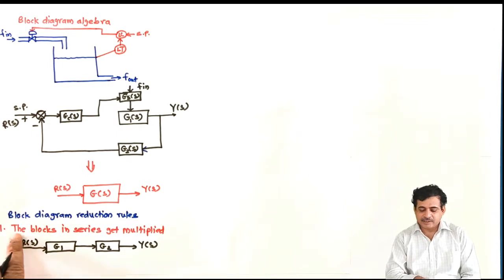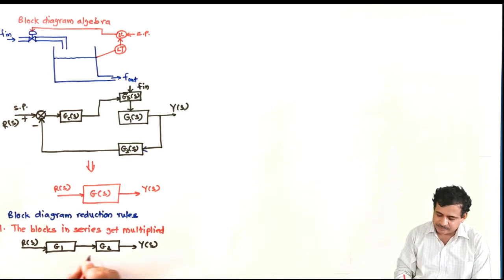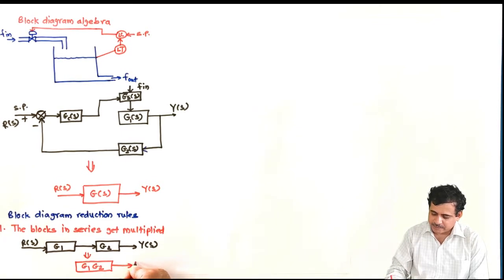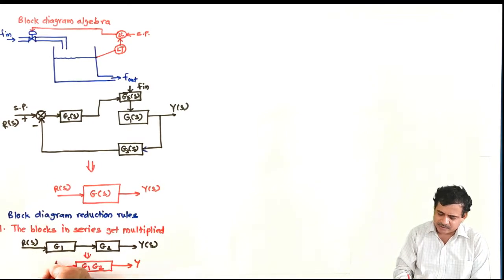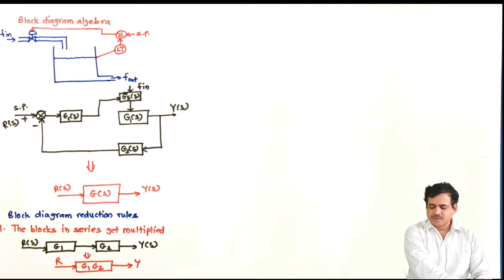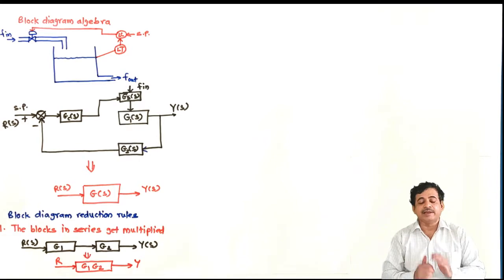Then this rule says that this one is equivalently represented as G1 G2, and let us call this as Y only. All are variables of s, so let us write Y and R. Let us not enter into the complications. So here Y of s by R of s is G1 G2, so they are combined.